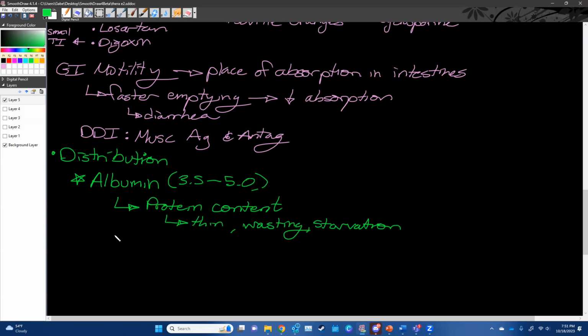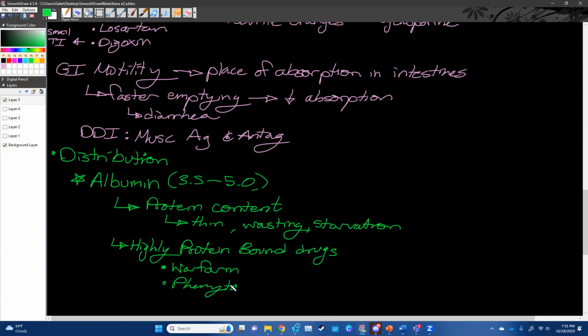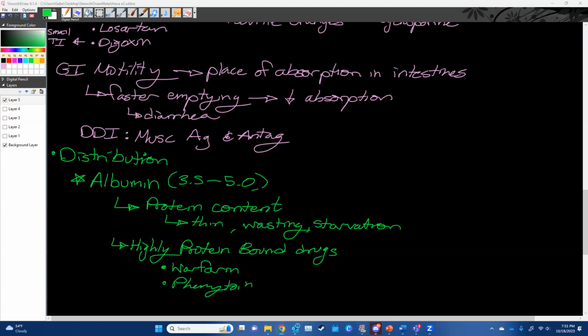What ends up happening is that for albumin, for highly protein bound drugs, so these are things like warfarin, phenytoin, valproic acid, I think.